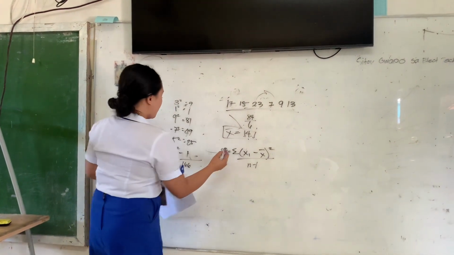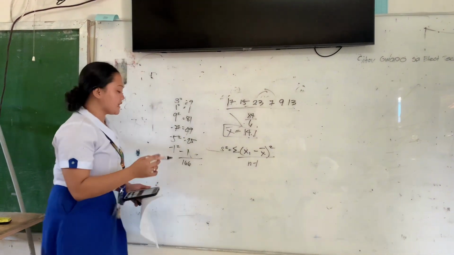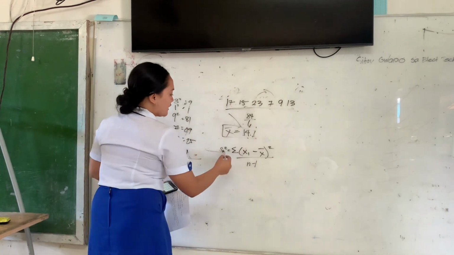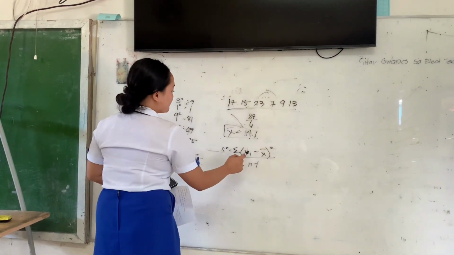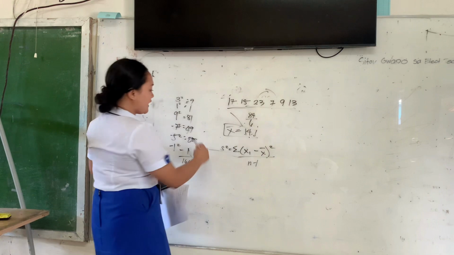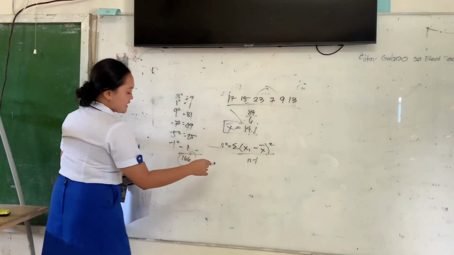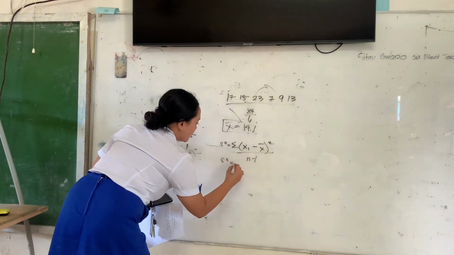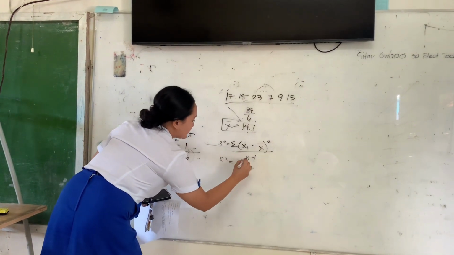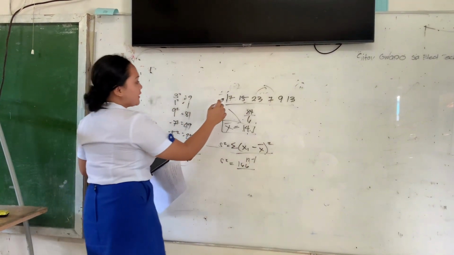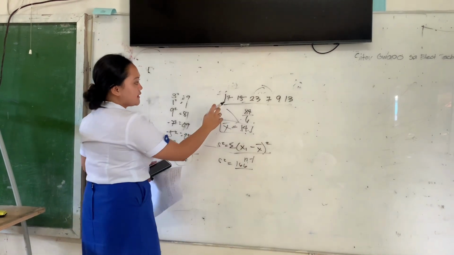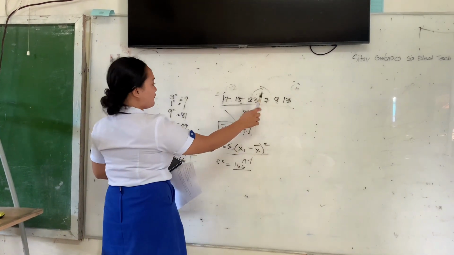So the sum of each term in the data minus the mean, squared, is our answer of 166. And n is the number of all the data, which is 1, 2, 3, 4, 5, 6.